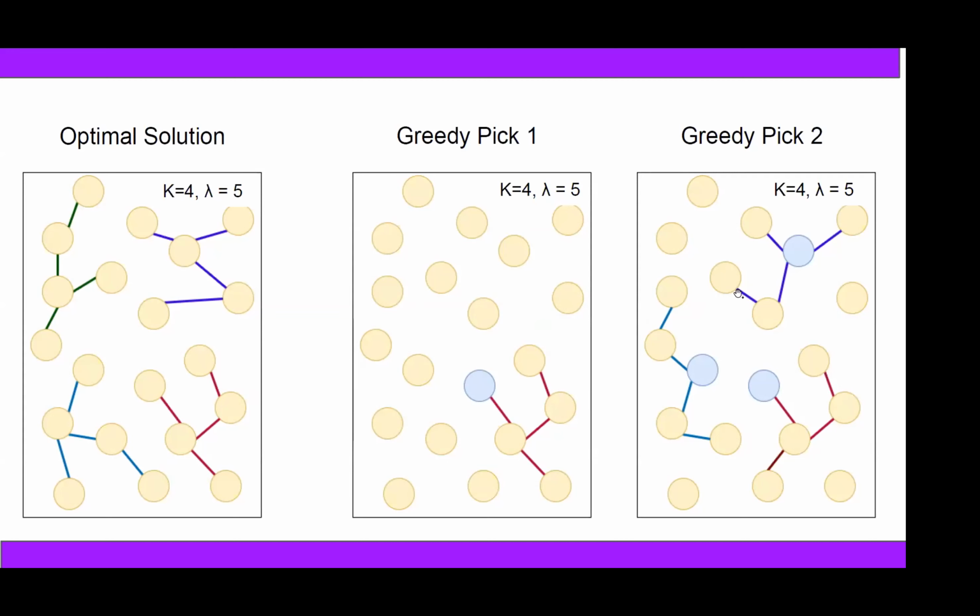But the trouble is that once you have picked these 3 trees, you are kind of stuck now, because there are still 4 vertices which are yet to be covered, but you don't know how to find a cheap lambda MST that can connect these up. So what do we do? That brings us to our next observation.